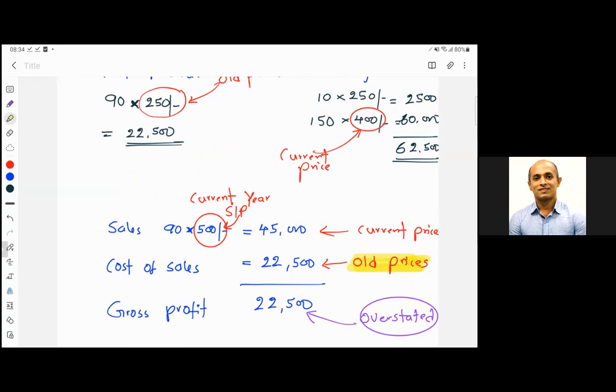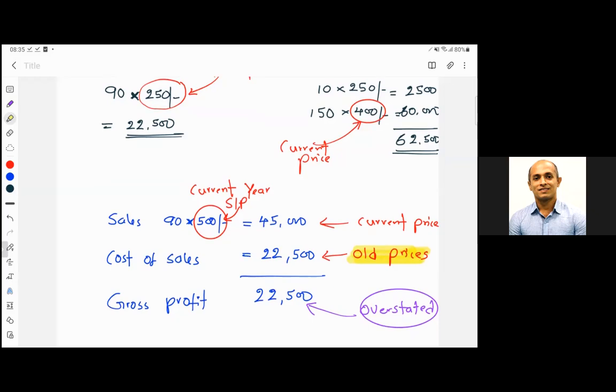You see cost of sales valued at old price. Old price is 250, current price is 400. So the price level change from 250 to 400 is also included here.